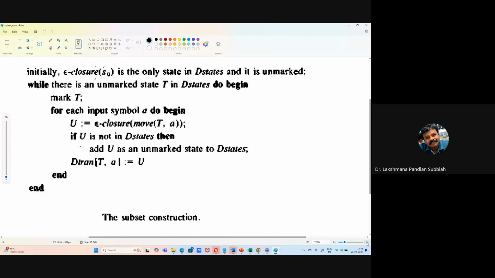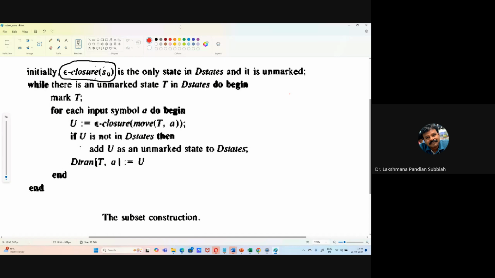Right. If I explain it here, you remember the previous class, then only you can easily understand now. Here, as the first step, you have to find the epsilon closure of S naught. S naught is nothing but the start state, so the epsilon closure of 0.